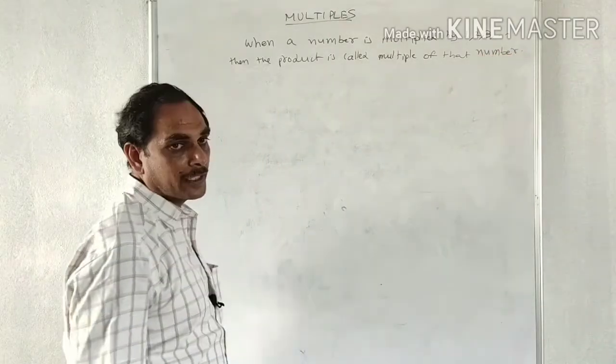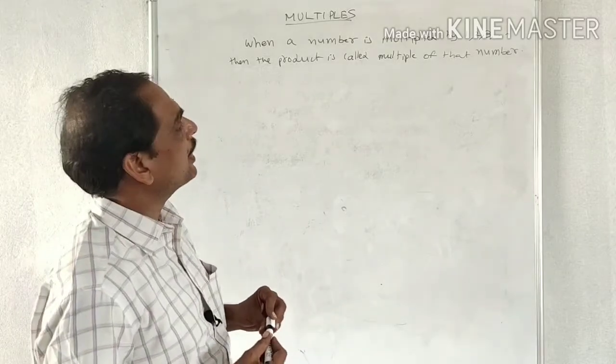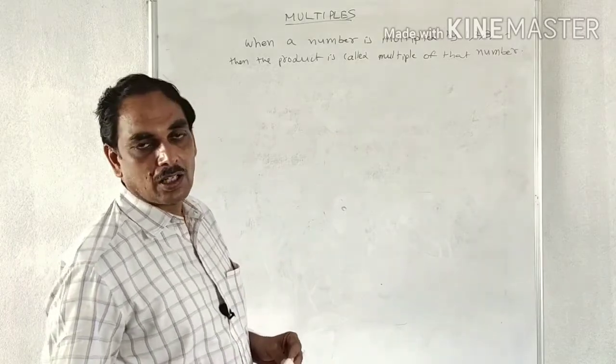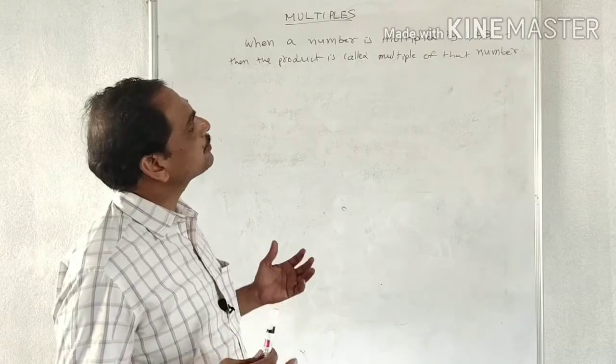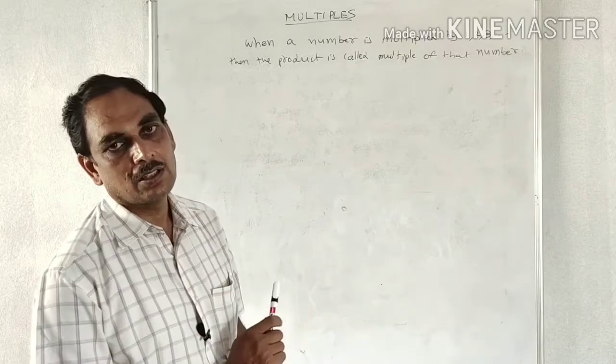Here 1, 2, 3 and so on are called natural numbers. This means a number is multiplied by a natural number, we get its multiple.